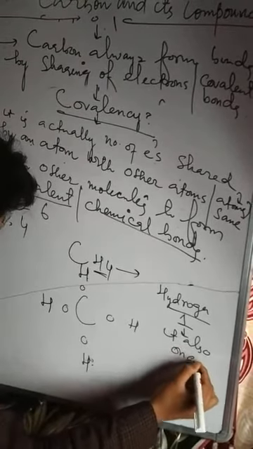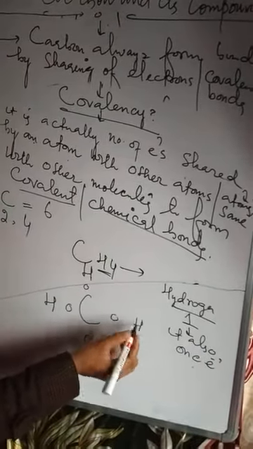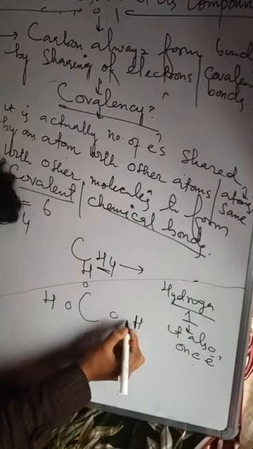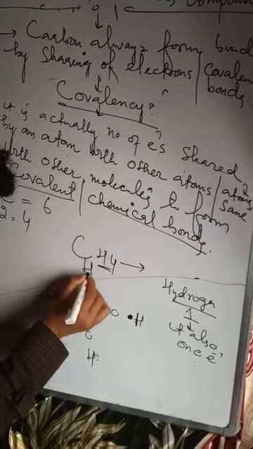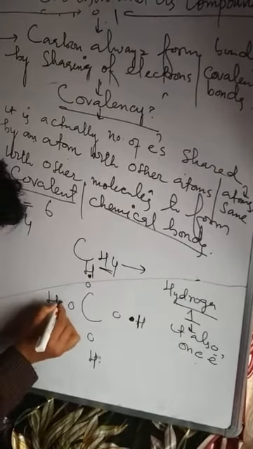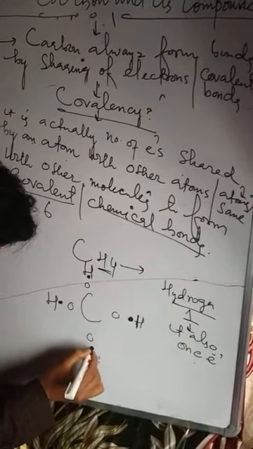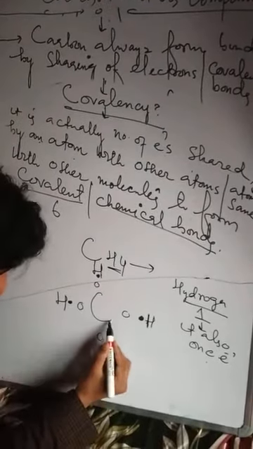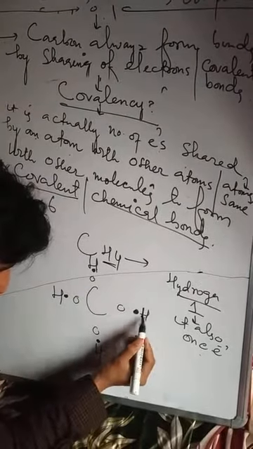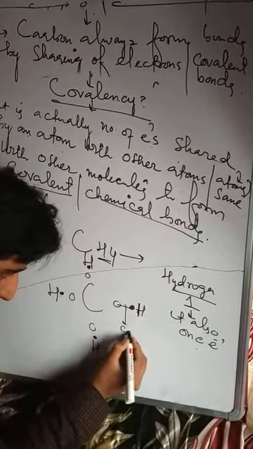Each of these hydrogens has 1 electron in its valence shell. That means this carbon will share 1 electron and each hydrogen will share 1 electron, and there will be formation of a bond that's called a covalent bond.